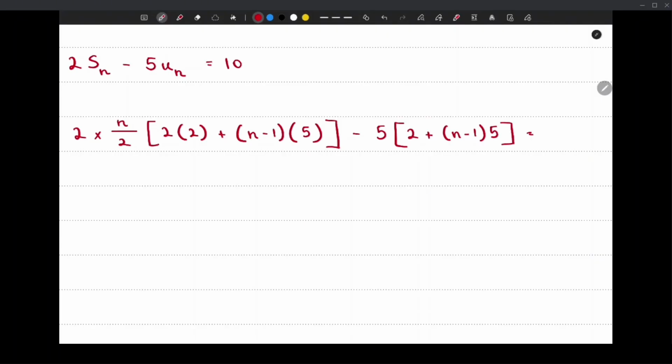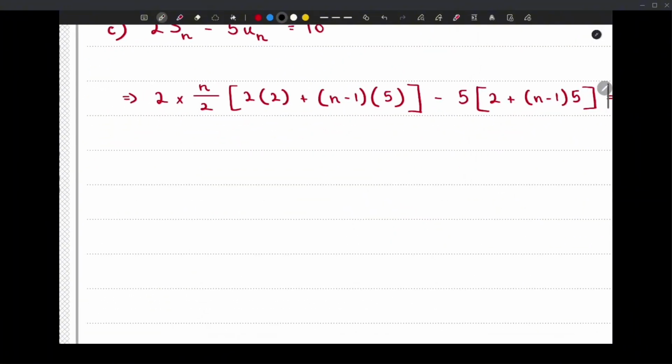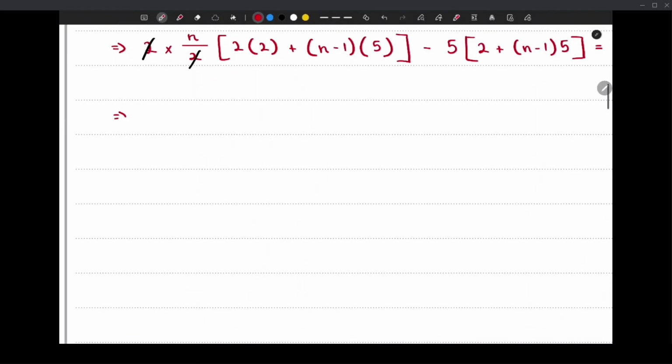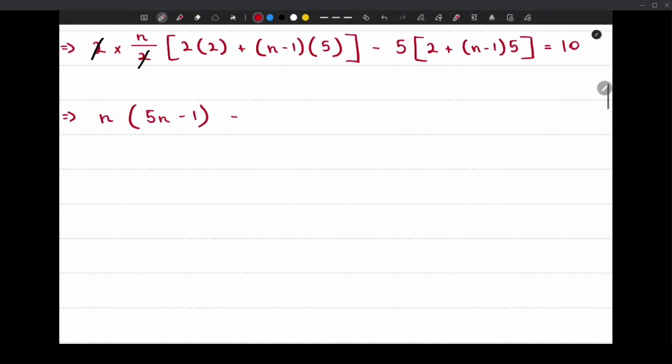So this is equal to 10. Now these two cancel each other out. So we are left with n times 5n, and minus 5 plus 4 is equal to negative 1. Minus 5, 5n, and 2 minus 5 is negative 3.